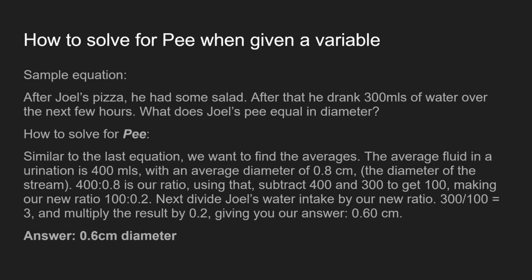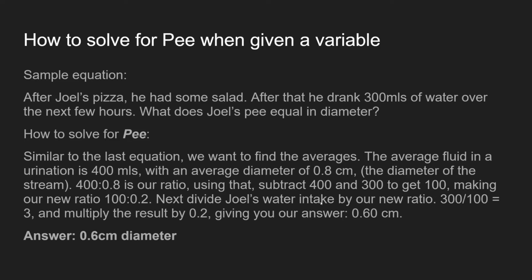So the diameter of that stream is easily calculated. It's basically the same equation as last time. You get the ratio of the averages, which is 400 to 0.8, as you can see right here. Use that and subtract the average by Joel's amount, so that it's 100, and it gives us our new ratio, 100 to 0.2.